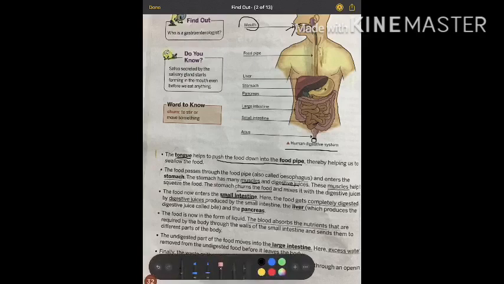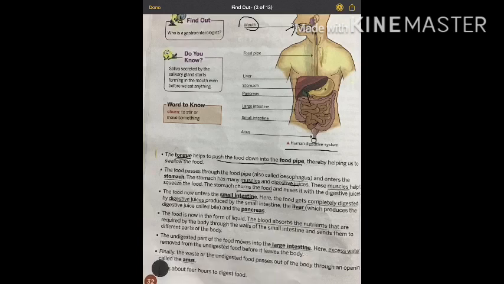One juice is received from the liver, that is called bile juice, and one juice is received from the pancreas, which is called pancreatic juice, and one juice is already present in the small intestine. All these 3 juices help in breaking down of the food and complete the digestion in the small intestine.